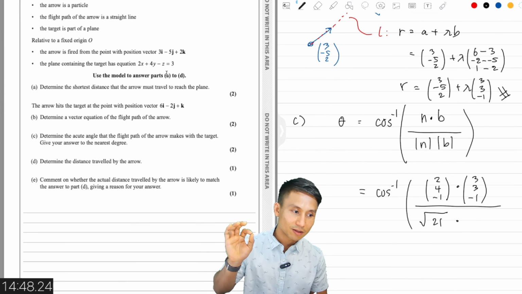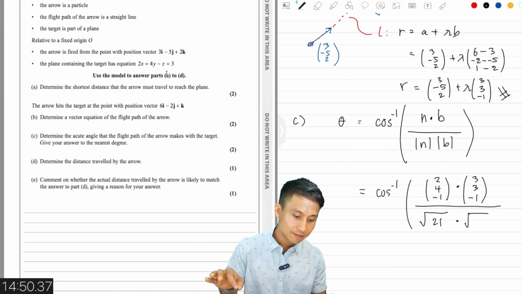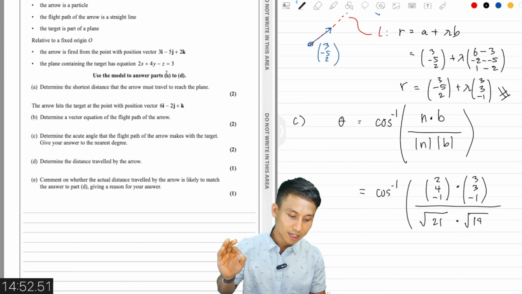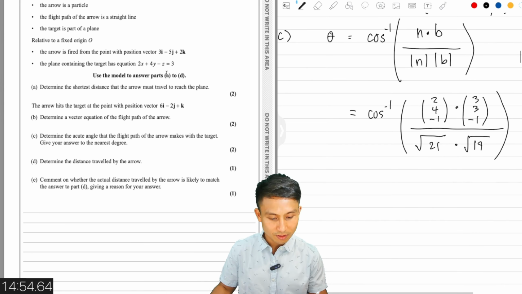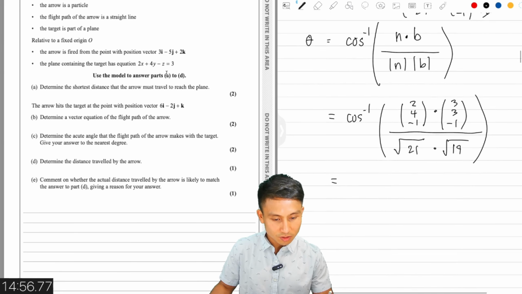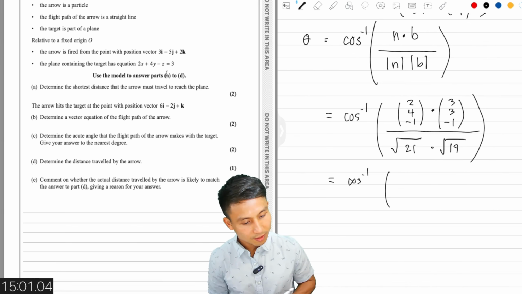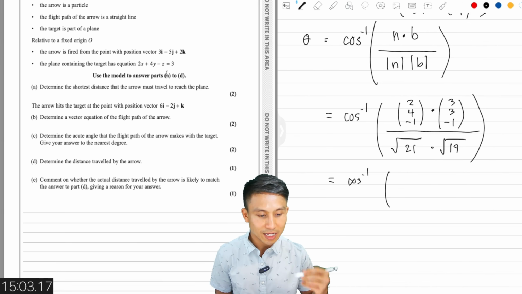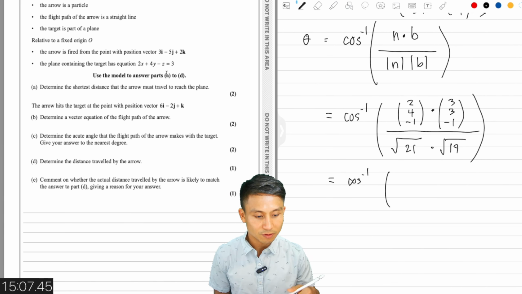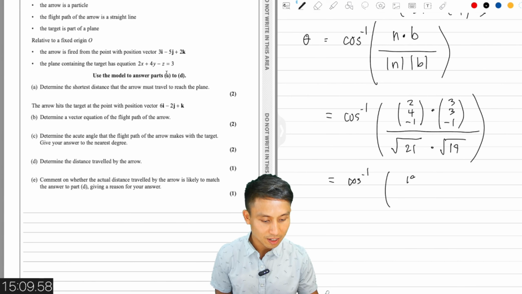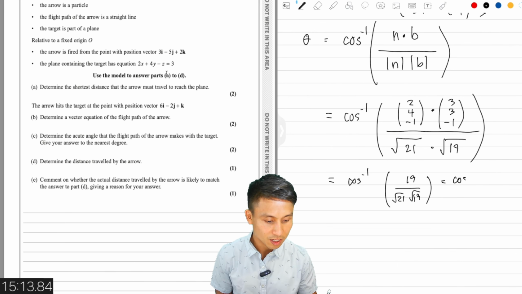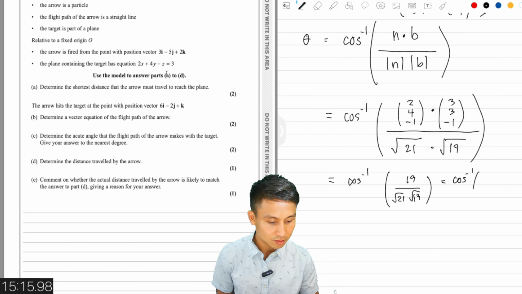And that's 9 plus 9, 18, 1, root 19. Weird number. So the top part is 6 plus 12 is 18, 18 plus 1, so 19. That's why they have root 19 there. So this is just arc cos of root 19 over root 21.